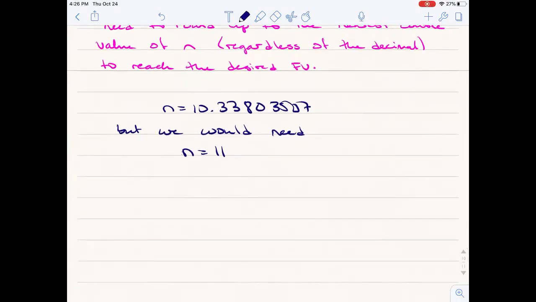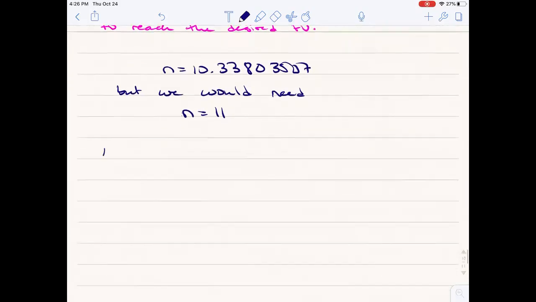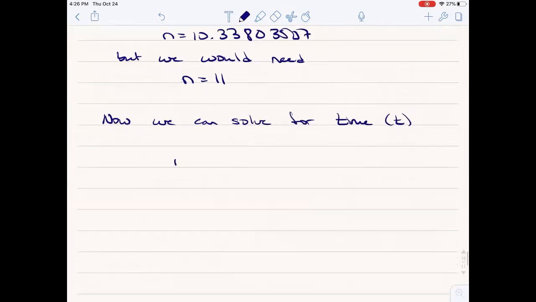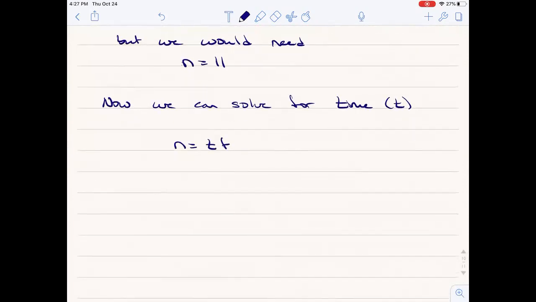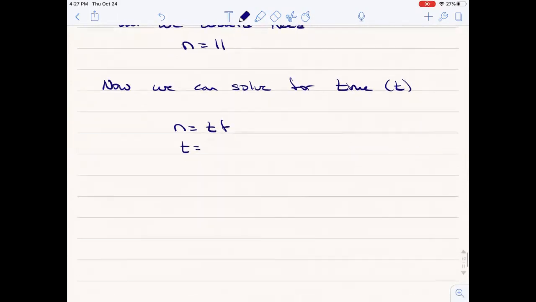So after 11 compoundings, we need to figure out what this is in time. So now we can solve for time, which is t. n is time times the frequency. If we know n and we know f, we can solve for t. So we can rearrange this and say, well, then t must be n divided by f.